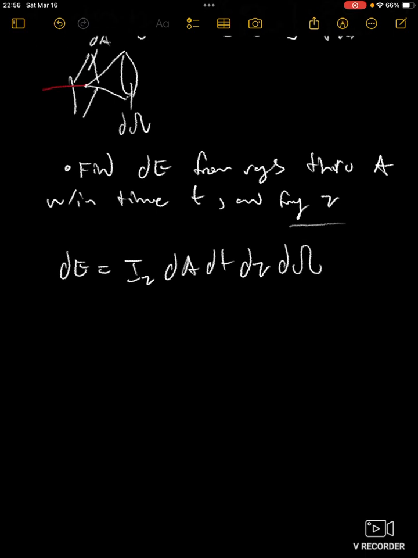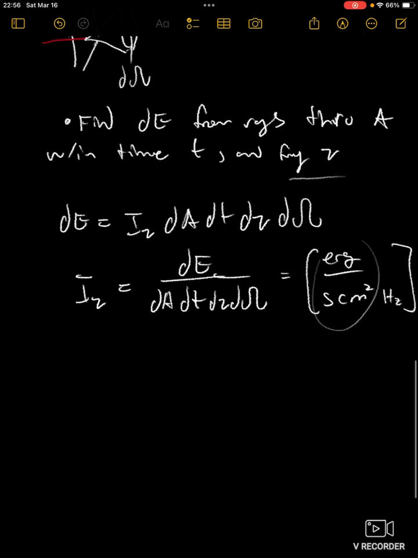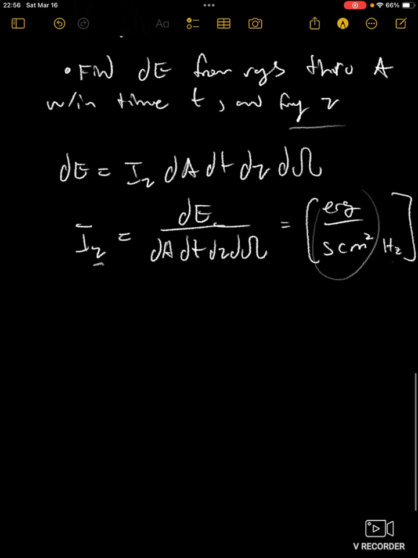So what does that mean? Well, when we put this all to one side, we have, you guessed it, over dA dt d nu d solid angle. And then this is going to be equal to the erg, the energy per centimeter squared, and hertz. And of course right here we have the energy flux, as we talked about before, per unit time and also by the frequency as well.